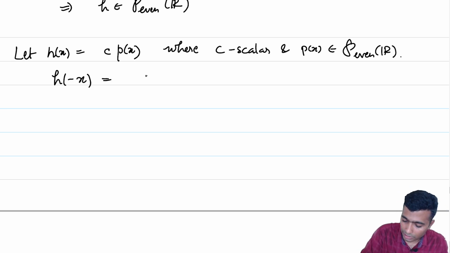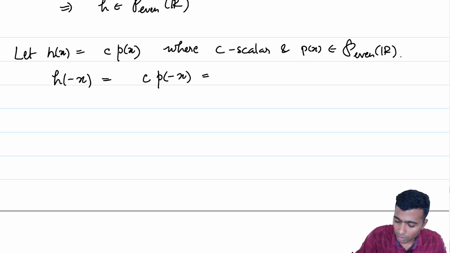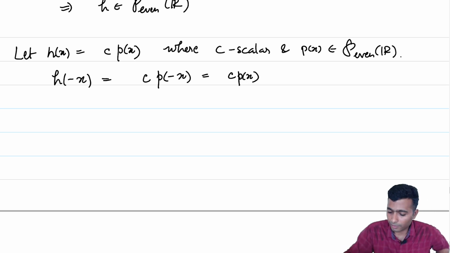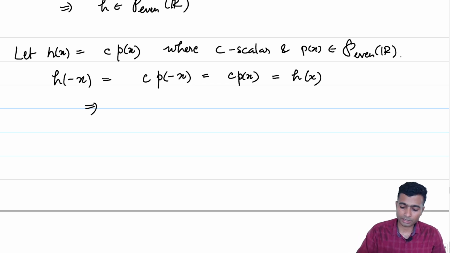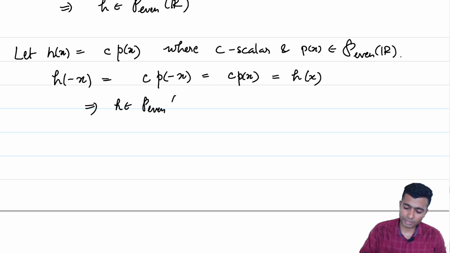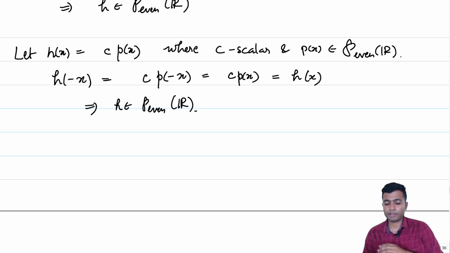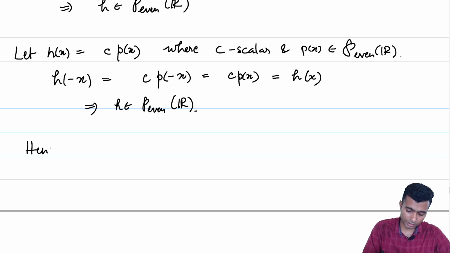This is nothing but c times p of minus x, but p is in P even of R. So, this is equal to c times p of x by the very definition of P even of R, which is nothing but h of x. And this implies that h is in P even of R. So, we are done. This proves that we have established the claim.